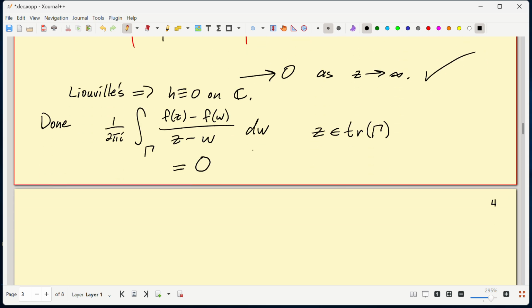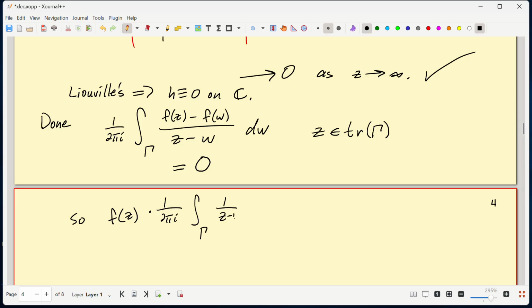And so remember, when I pull out the f of z, I would get f of z times 1 over 2 pi i, index around gamma of 1 over z minus w dw. That's the index, basically. Let's see, that's minus the index. I guess I should put it on there. Equals... oh, that's the dw.